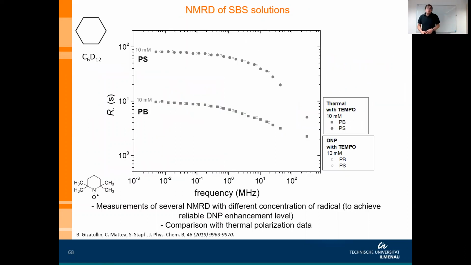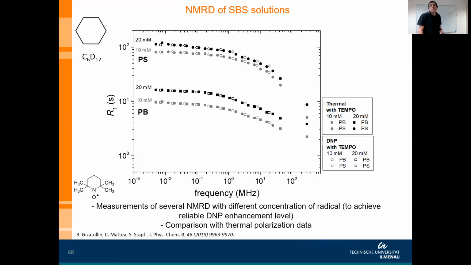Well, continuing with this polymer system, let's see what happens if we measure a different concentration and if we will be able to recover the pure nuclear relaxivity. And here we see two different fast field cycling experiments at two different concentrations, not with DNP here. You see the different curves, a different relaxation, and then discriminating the components of our polymer, you see the components here.